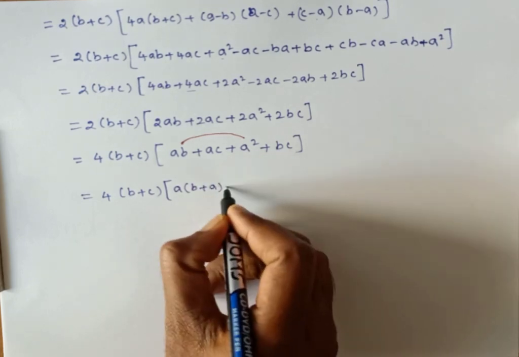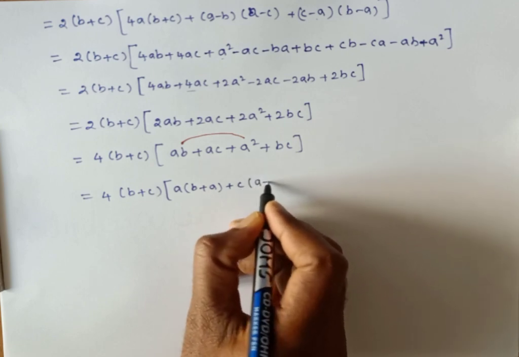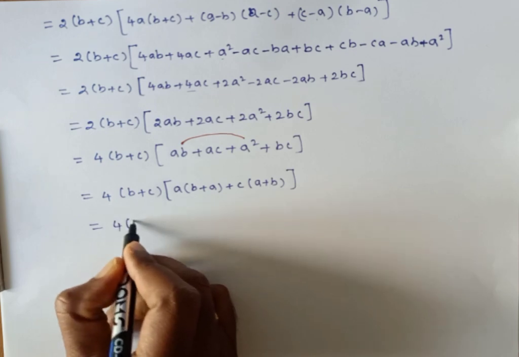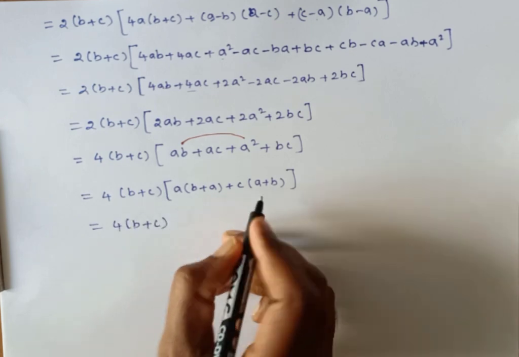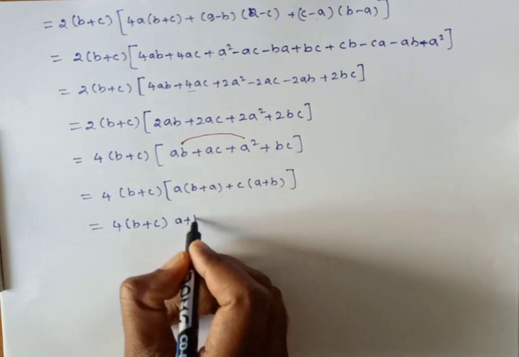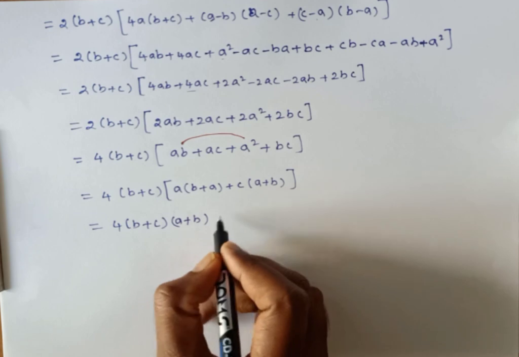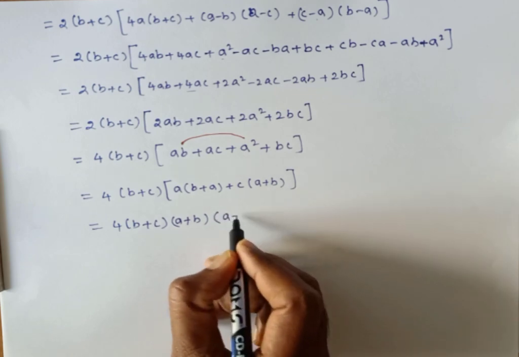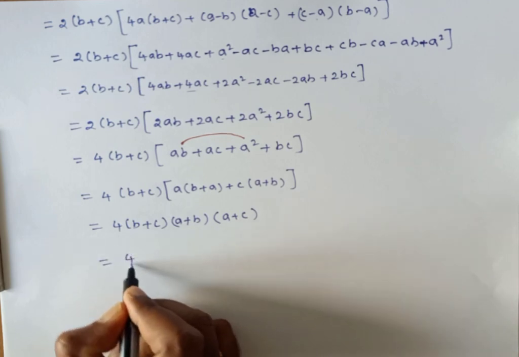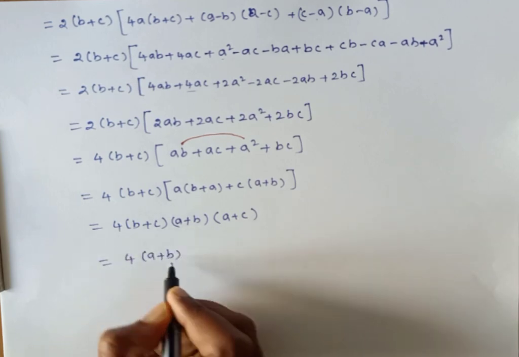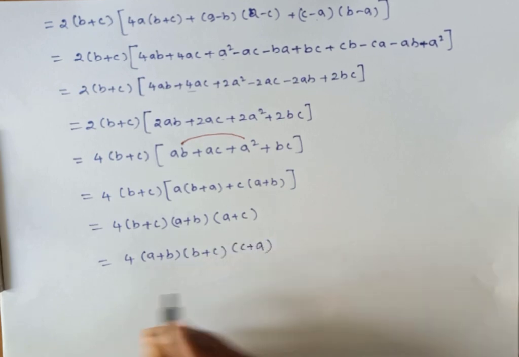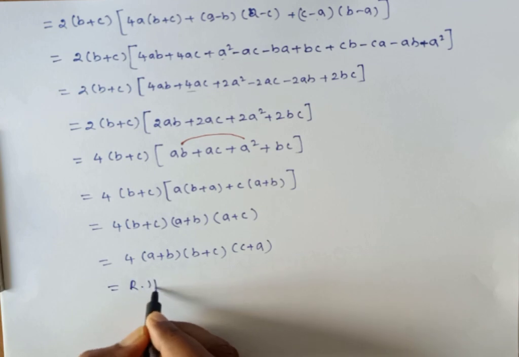Now from these two, c is common, that is a plus b. Now 4 times of b plus c times of a into b plus a and c into a plus b, so both are the same. a plus b is common, then the leftover term is a plus c. So this is equal to 4 times of a plus b, b plus c, c plus a. So this is the right hand side of the given problem.